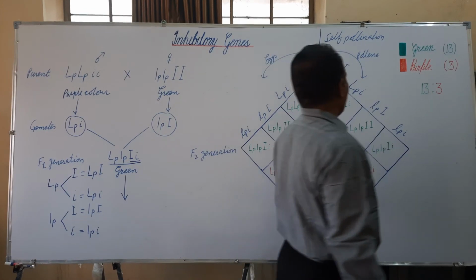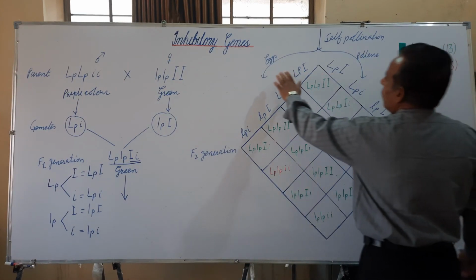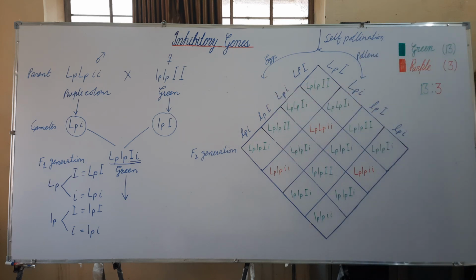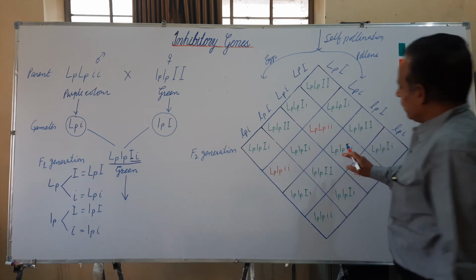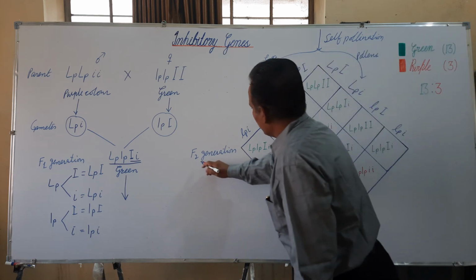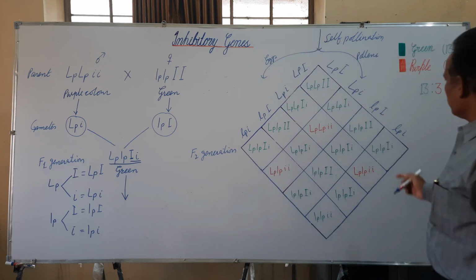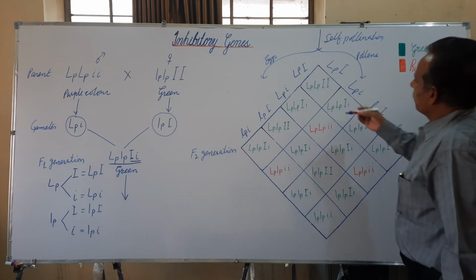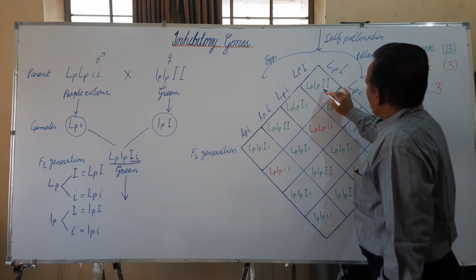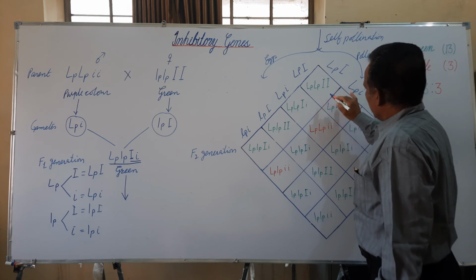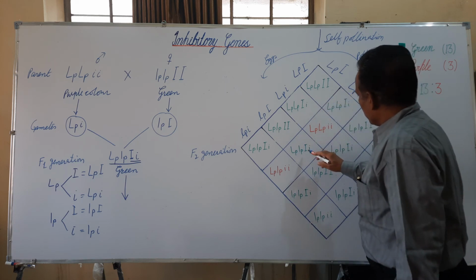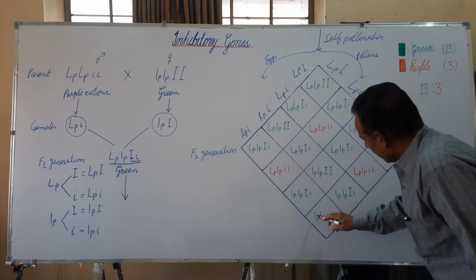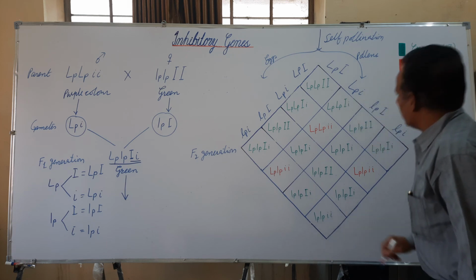These 4 types of the male gamete and 4 types of the female gametes are fused randomly to form the 16 type of the zygotic combination in F2 generation. Out of the 16, in 13, either the capital I or single I or the capital I is present in the recessive condition.